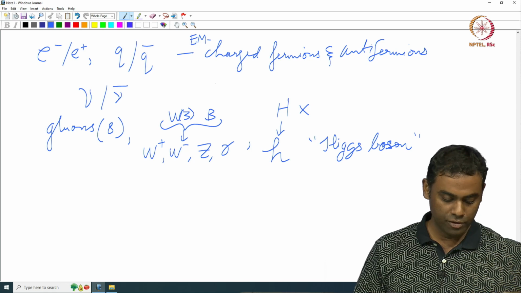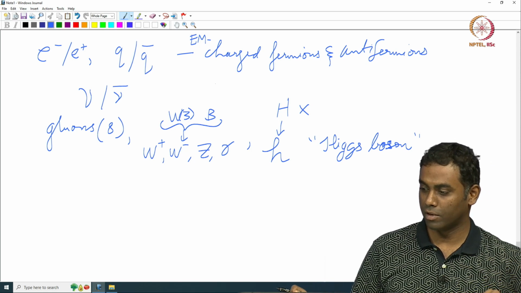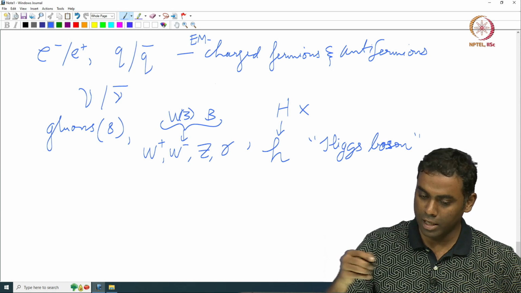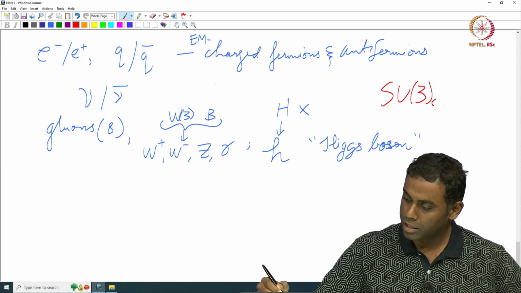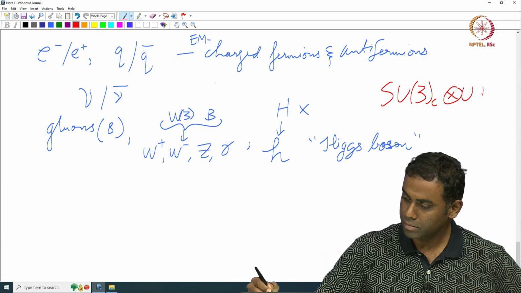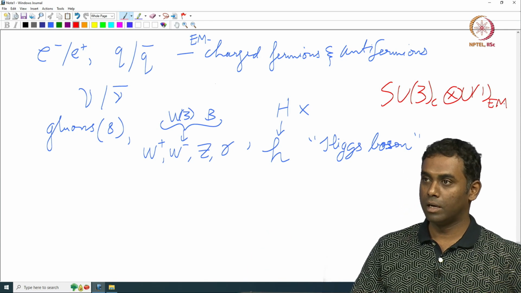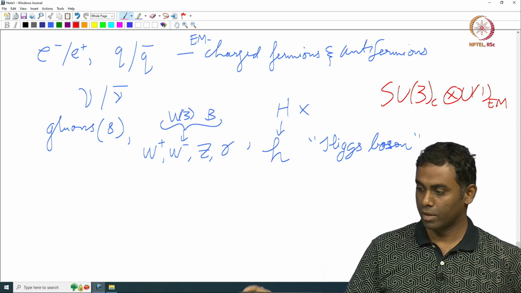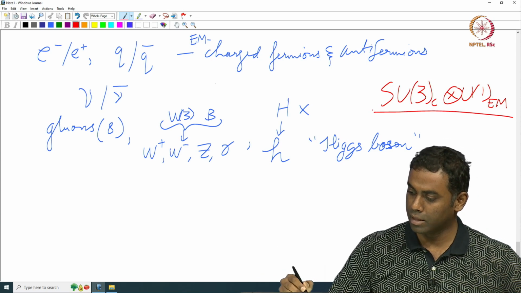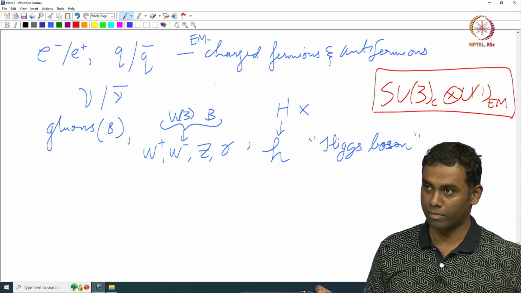So the Higgs boson we will obtain as a relic of all this symmetry breaking. And at the end of the day, what we would be left with is SU3 color and a direct product of an abelian electromagnetism group. That would basically characterize the world above 10 power minus 18 meters.